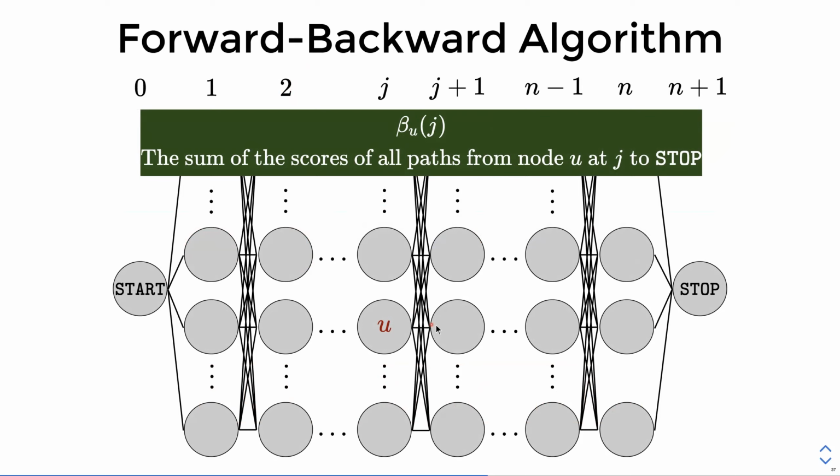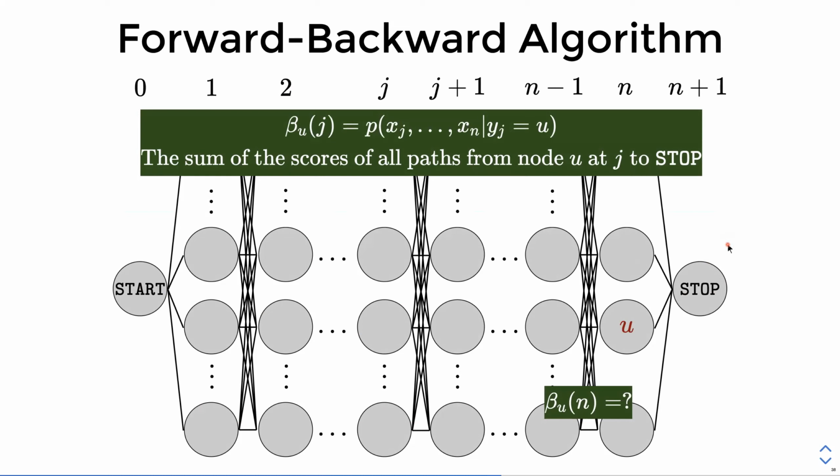If alpha is defined as the sum of the scores of all the paths connecting start and this node, we can guess the semantics of beta. It should be the sum of the scores of all the paths connecting this node and stop. So it's very elegant, very symmetric. Now the question is, how do we calculate beta?